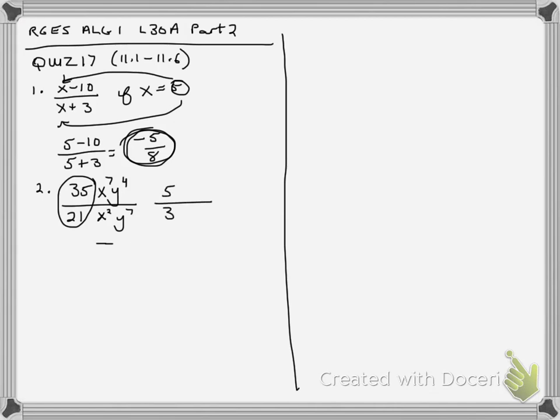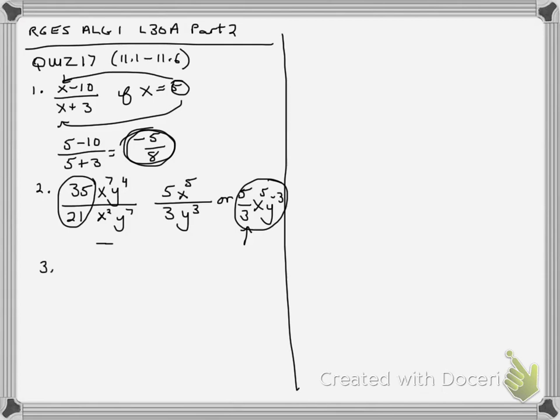In my numerator, I'm going to get x to the 5th, and in my denominator, I'm going to get y to the 3rd. Or I could say 5 thirds x to the 5th and y to the negative 3. Seems to me you all did that correctly also. You don't have to convert this to a decimal. Just leave it just like that, that is probably the better answer.